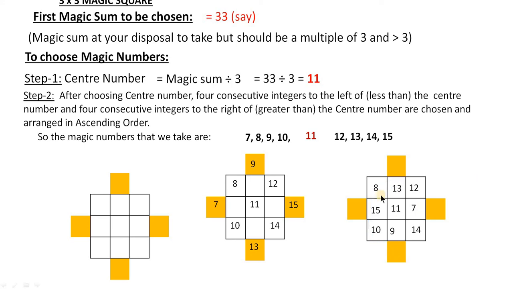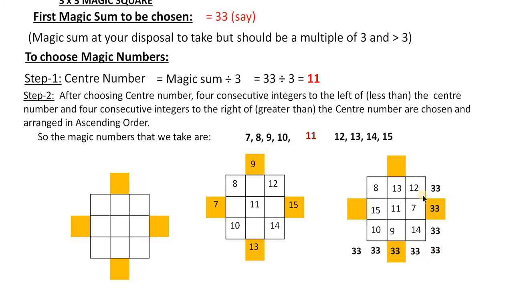So this way all the magic square cells are filled. If you add 8 plus 15, 23, plus 10, 33. 13 plus 11 plus 9, 33. Whether you add row wise, column wise or diagonally, you get the magic sum 33.